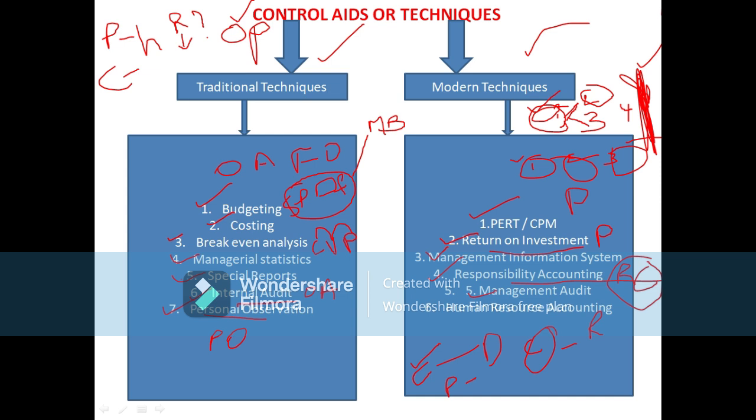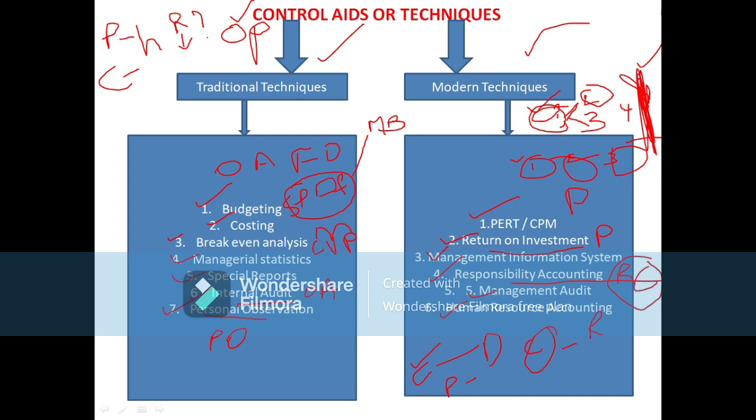Now, human resource accounting. It means the employees of an organization, who constitute the human resource, are more important than the physical resources. What are physical resources? Physical resources are the machines, tools, techniques, equipment, etc. But more than physical resources, human resources are more important.